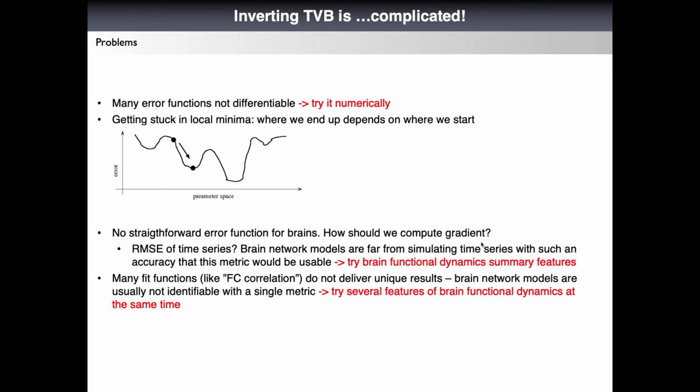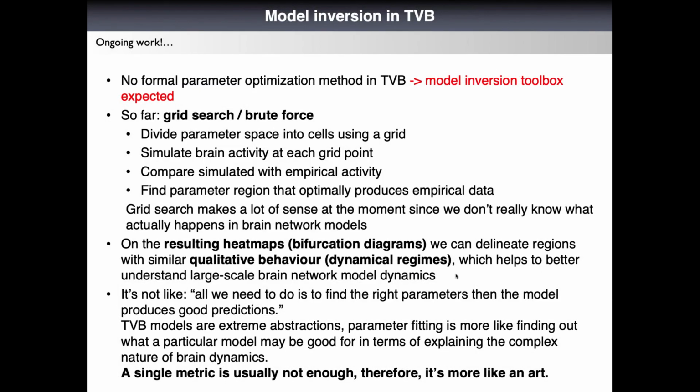Usually, there are many local minima or alternative solutions that are almost equally good, and therefore, it's not easy to identify the optimum point. And this is why we generally try to optimize at the same time several features of brain functional dynamics, just like what we show in the Sip et al. study.